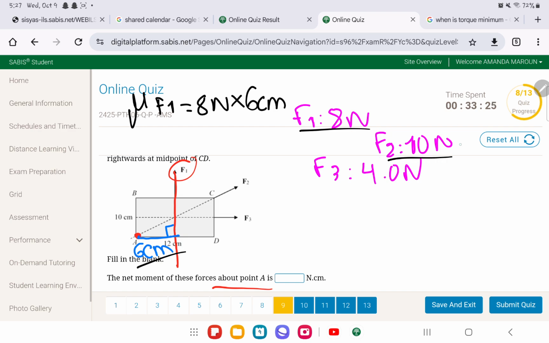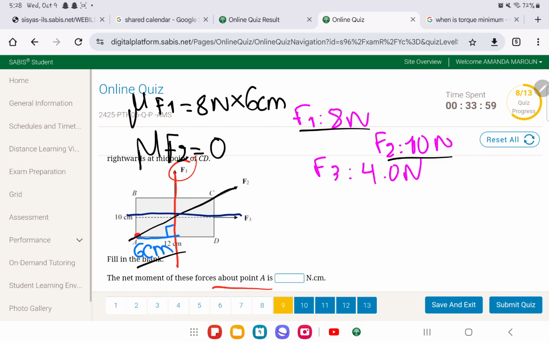Now, let's find the moment of F2. Let's prolongate F2. If you see, it's passing through our axis. So the moment of F2 is equal to 0. If it passes through our axis, the moment is 0. And now finally, for the force F3, if we prolongate it, we see it's not passing through our axis.